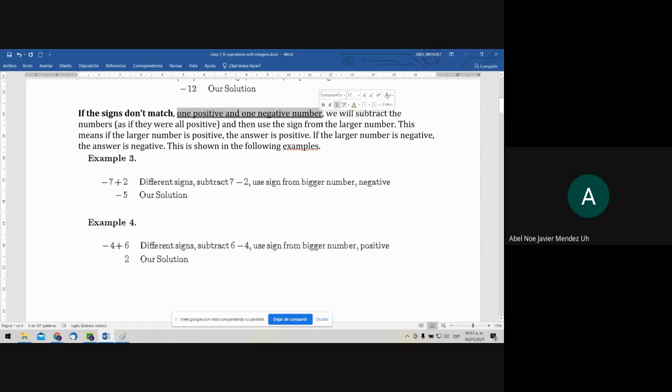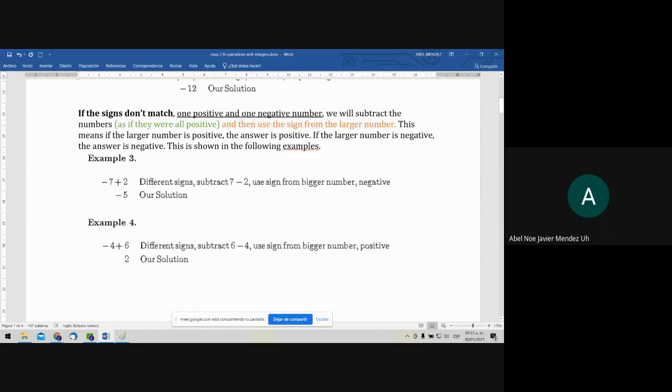We will subtract the numbers as if they were all positive. Remember that, as if they were all positive. And then you use the sign from the larger number. This is the rule. And don't forget this part, because it's essential to the correct resolution of the operation.